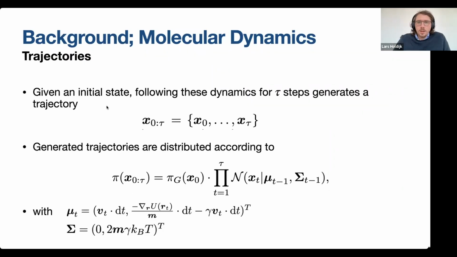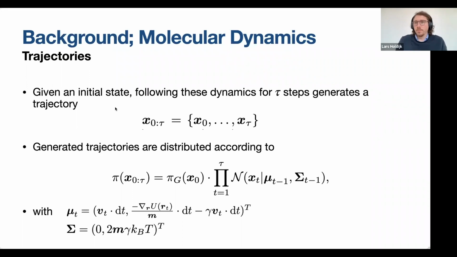But what molecular dynamics gives us in our case, where we're interested in trajectories and not in single states, is that given an initial state, x0, which is again positions and velocities, if we just integrate these forces, we generate trajectories, and these trajectories are distributed according to this specific distribution, where we have our initial Gibbs distribution.